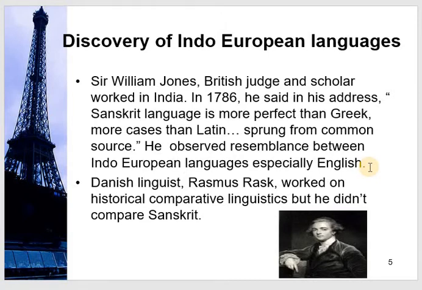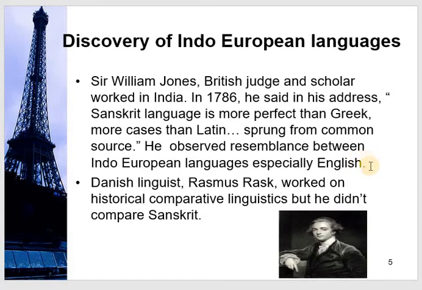That's why they were called Indo-European languages, Indian and European languages, meaning that Sanskrit has been shifted to England, or Sanskrit has influenced the English language.